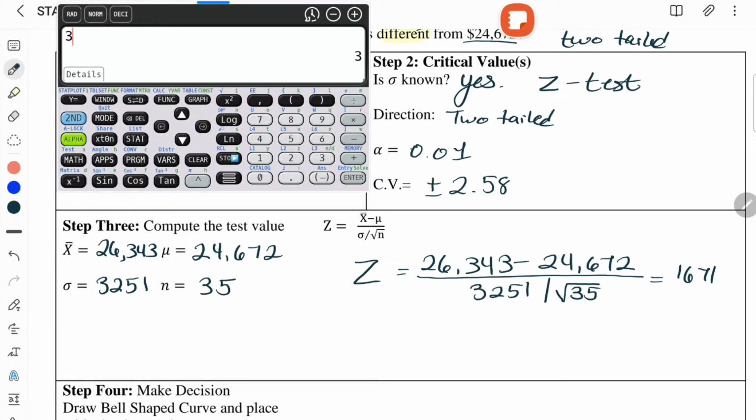Let's do the bottom. 3251 divided by the square root of 35. Let's take 2 numbers after the decimal. 549.52. Let's divide that. And the z-score should be 2 numbers after the decimal. So z is equal to 3.04.